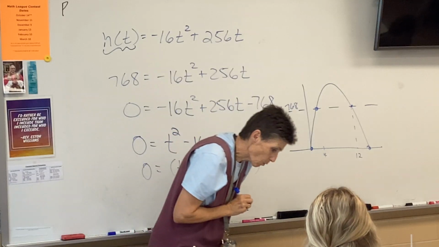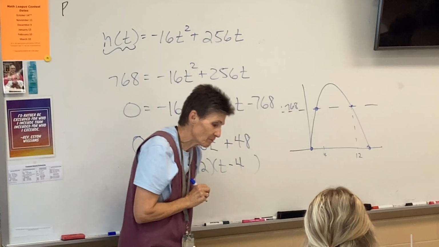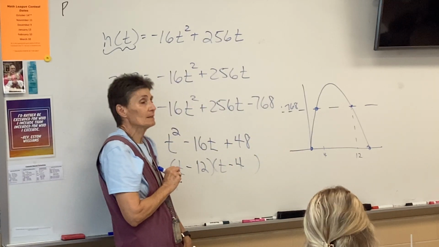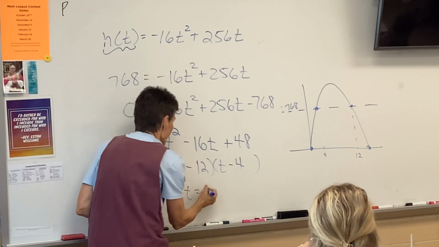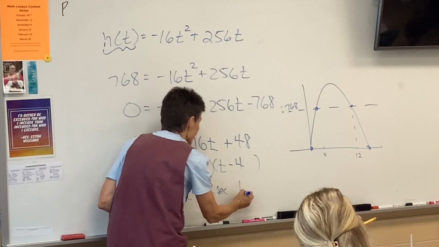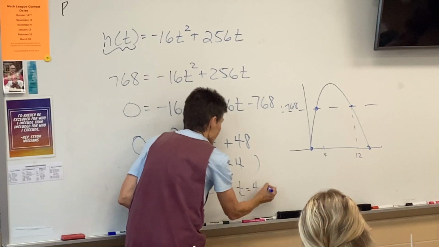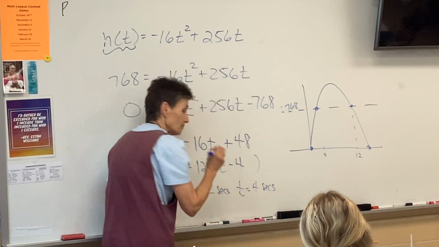Okay, so when will the height above the ground be 768? So the answer to A is 12 seconds and 4 seconds. Okay?